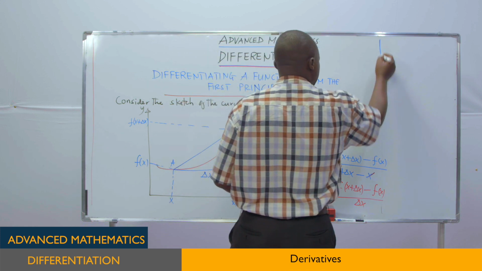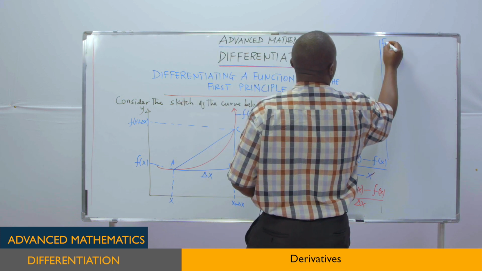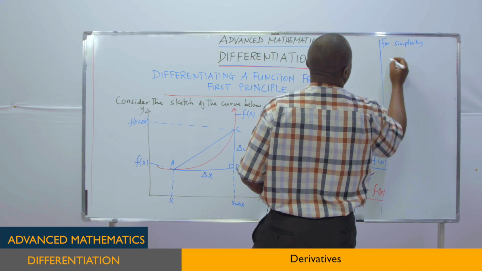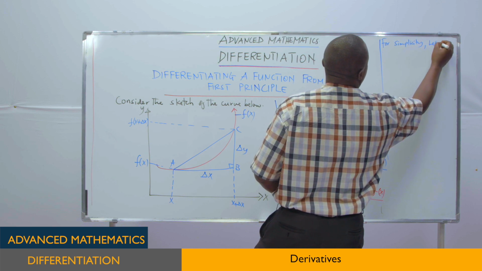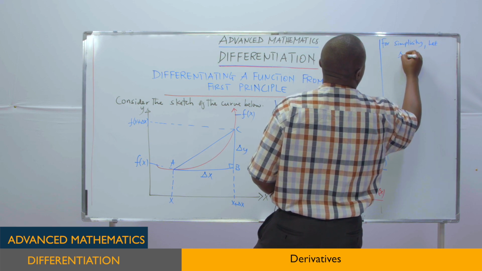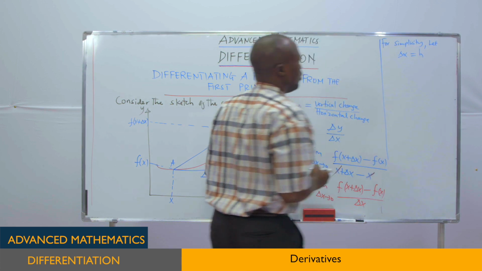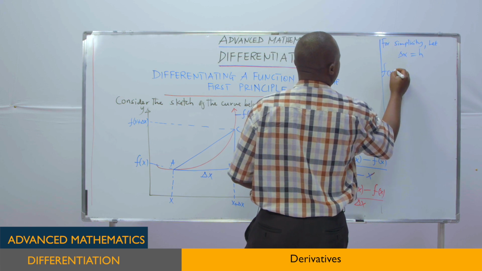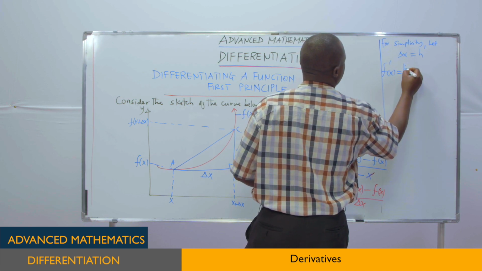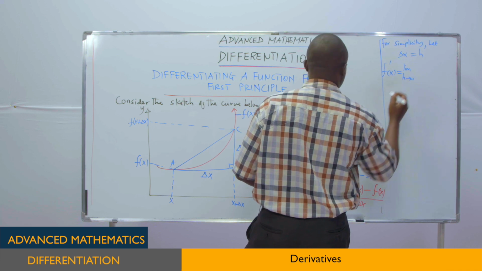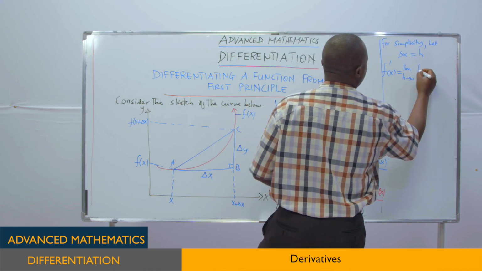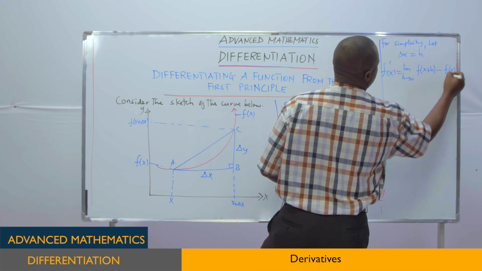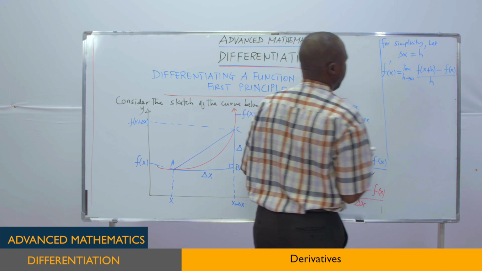So we have f dash of x is equal to the limit as h approaches 0 of f of x plus h minus f of x over h.